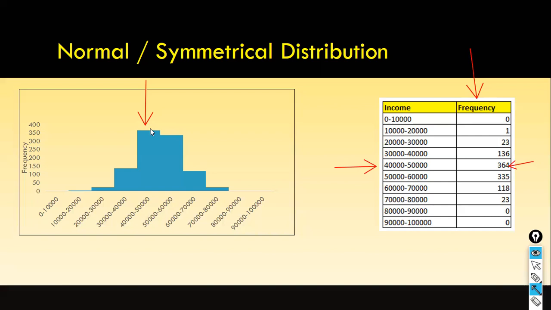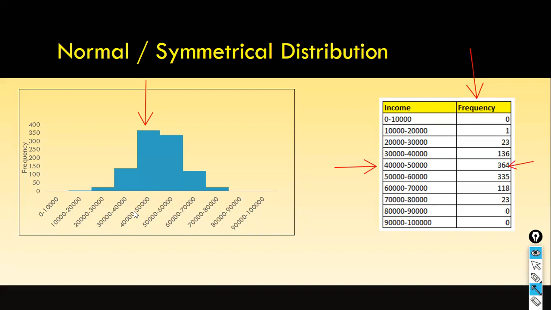Okay, what other story can you tell? So this is the most common income range. And then the least common income range. What are the least common income ranges? We can say 0 to 10,000, but in 0 to 10,000 we don't see anyone, right?